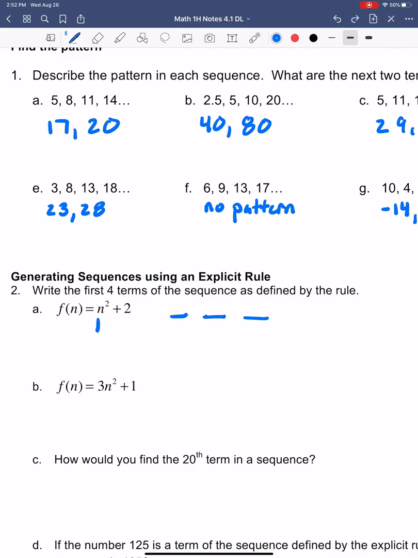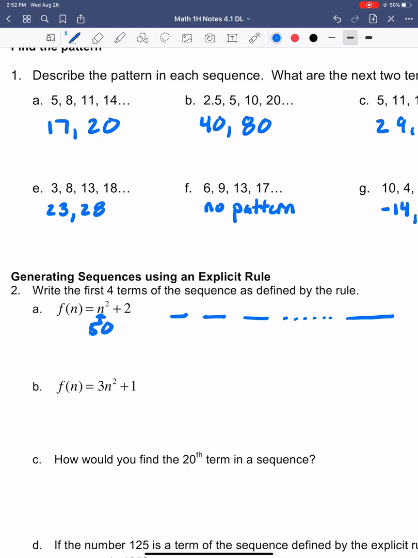If I want to know the 50th term in this sequence, I can just plug in 50 for n, and it'll tell me the 50th term. That's the nice part about explicit rules. If I wanted the 110th term, I would just plug in 110.